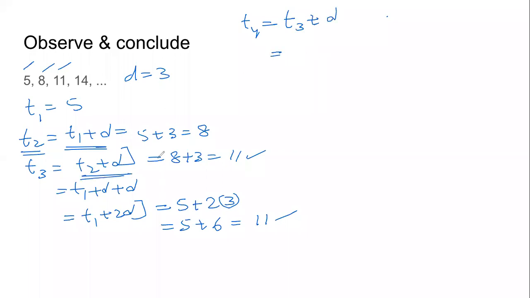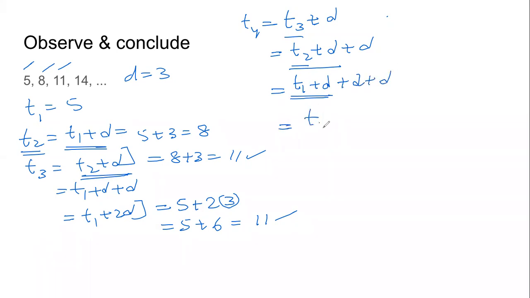T3 is T2 plus D. So T2 plus D, and then we have a D. What is T2? T2 is T1 plus D. So T1 plus D, then we have D, then we have another D. So this becomes T1 plus 3D.